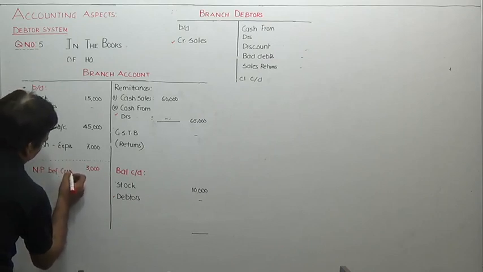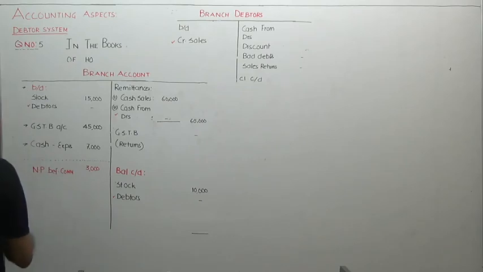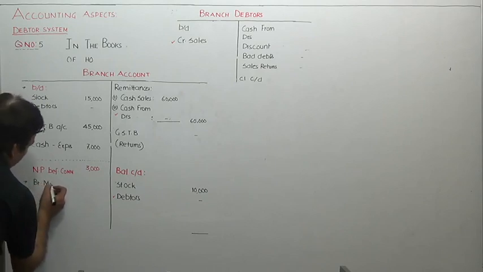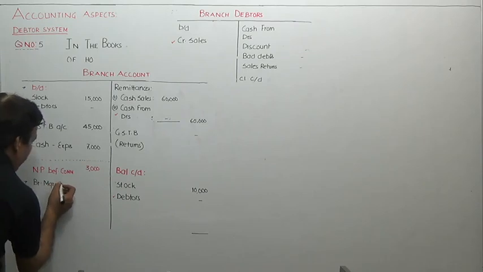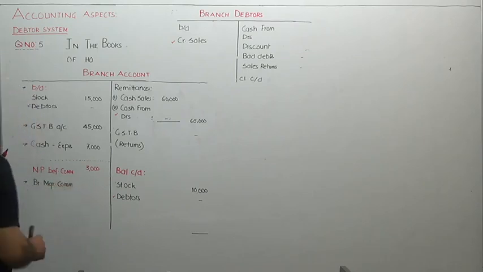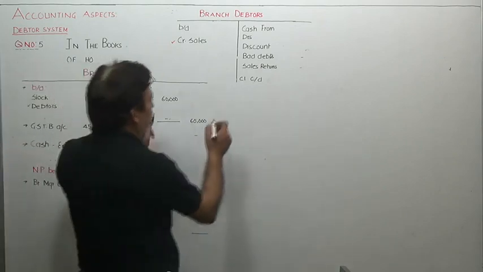In this question, it is given that the branch manager is entitled to commission. Now, you can compute the branch manager's commission. There are two approaches.